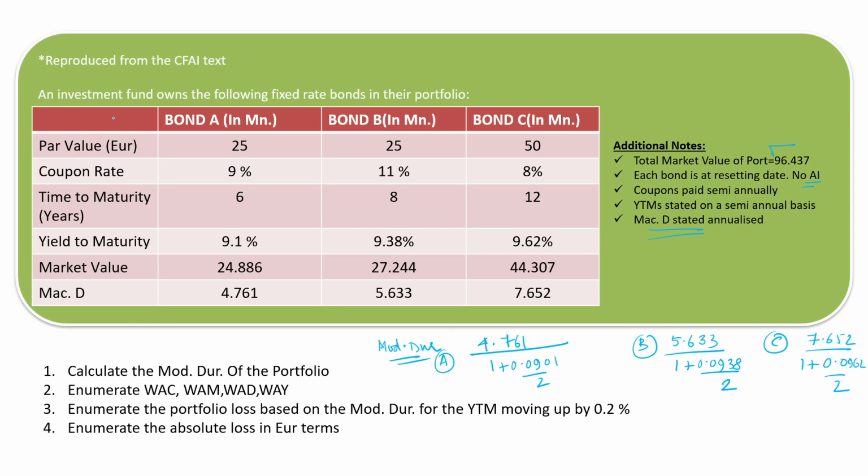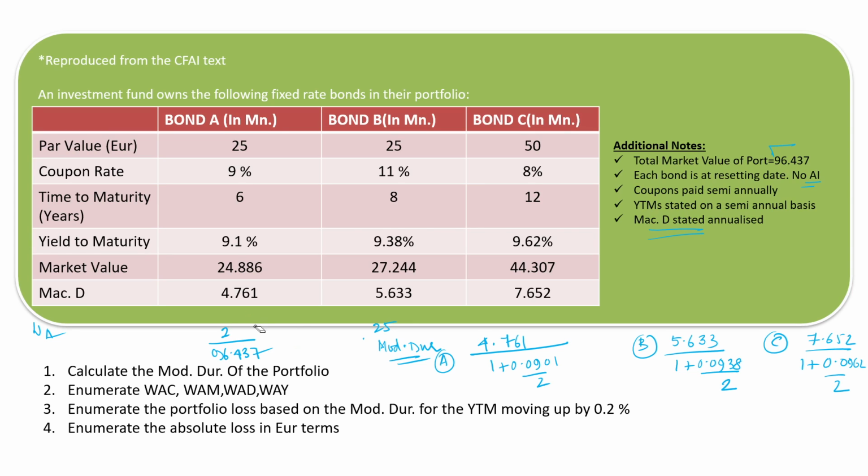We also need to calculate the weight of each of these bonds, and that's pretty simple to do. The weight of bond A in this portfolio is nothing but 25 divided by 96.437. I'm sorry, we need to consider the market value.